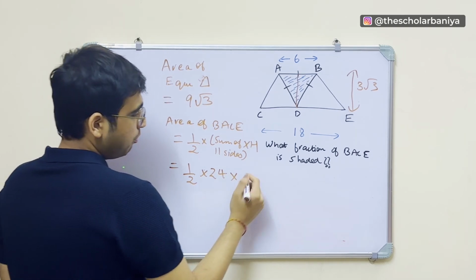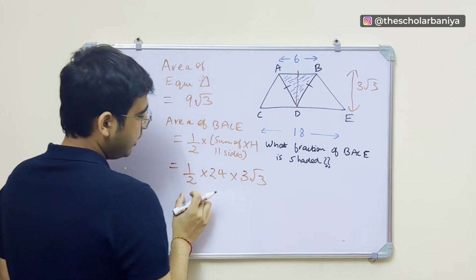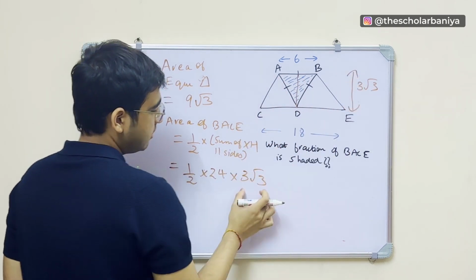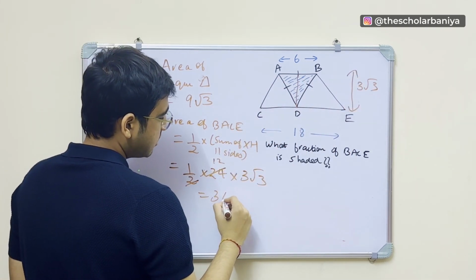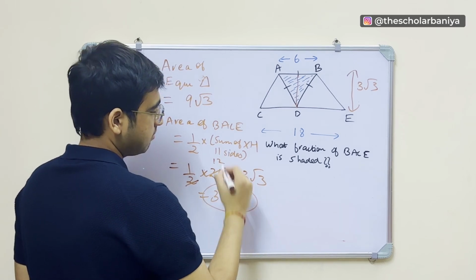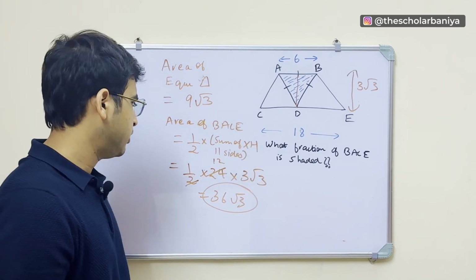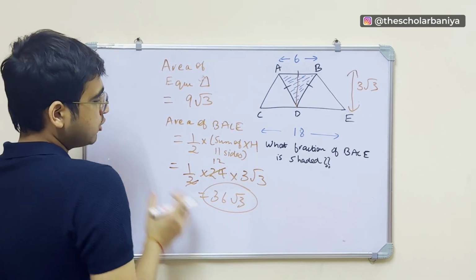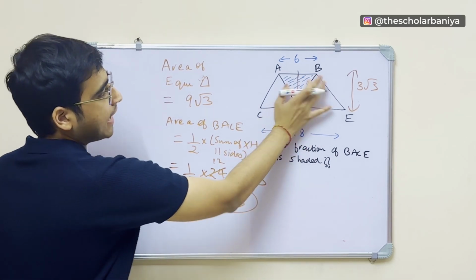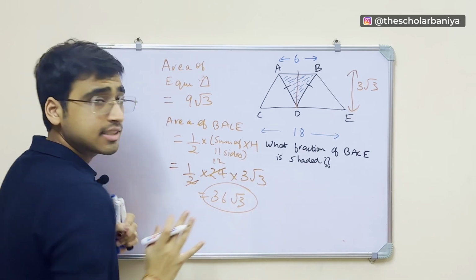So if we now put the value over here, half into the sum of parallel sides into height 3 root 3, we get 36 root 3. I hope this is also pretty chill, right? So the area of the entire figure is 36 root 3.